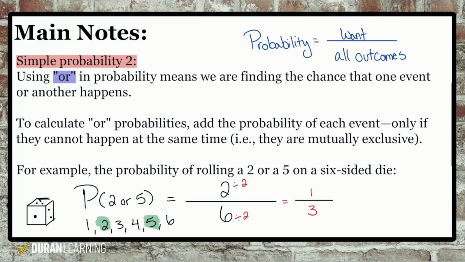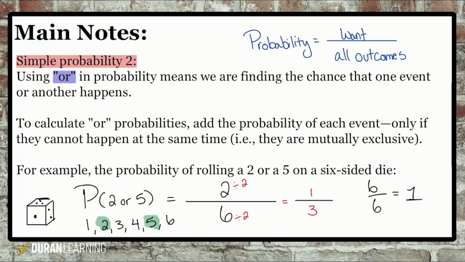For example, if we have a 6-sided dice, and we want to find the probability of rolling a 1, 2, 3, 4, 5, or 6. Well, if I have 6 possibilities that I want, divided by 6 total possibilities, Morgan, help me out. What's 6 divided by 6? Yeah, that's going to be 1.